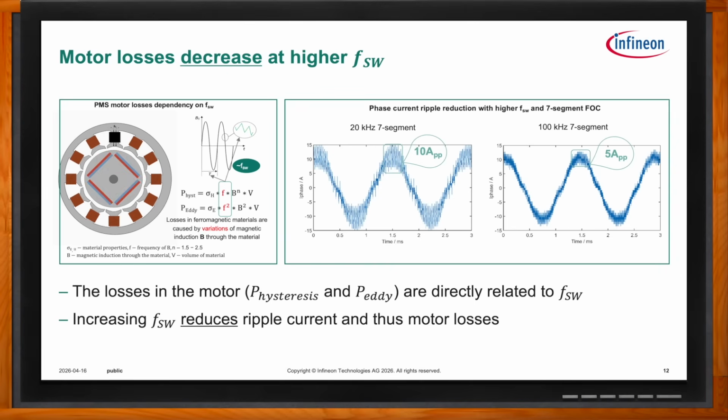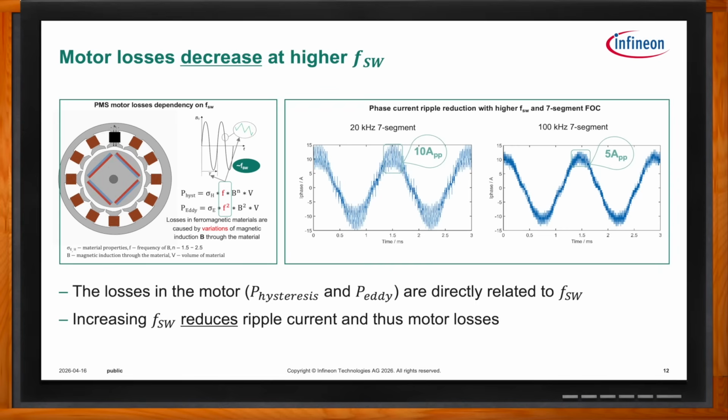So let's look at, in this case, this motor running at 20 kilohertz versus 100 kilohertz, you can see the waveforms, and you can see how the 10 amps peak-to-peak ripple current drops to only 5 amps peak-to-peak. This means that the losses in the machine are actually going down.